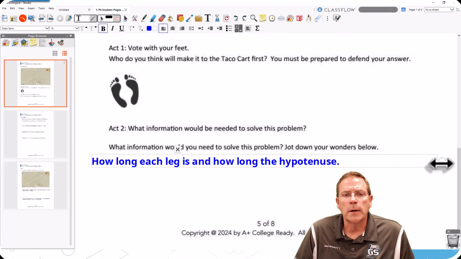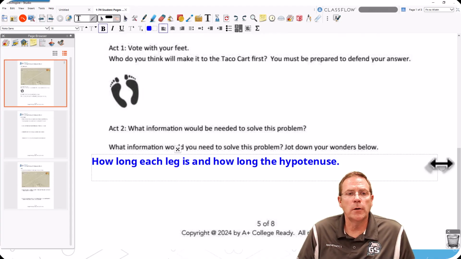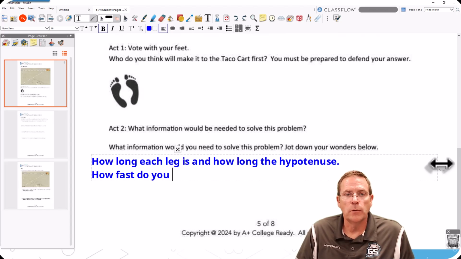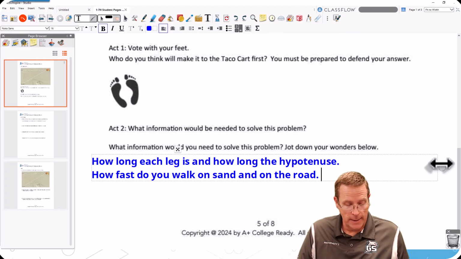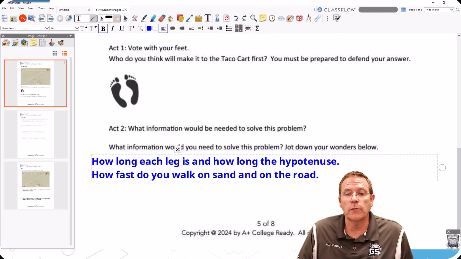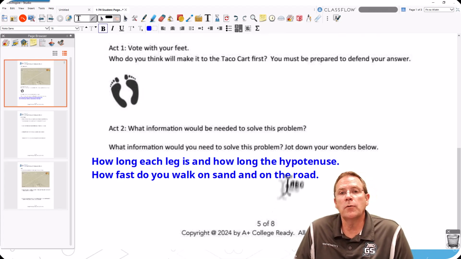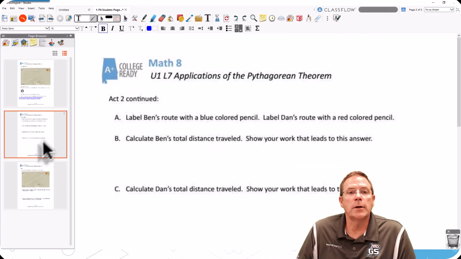What else are we going to need to know? We're also going to need to know how fast you walk on sand and on the road. Because if you walk on the beach, you know it's hard walking on sand. It's a lot easier to walk on a solid surface. So those are the first two things that we're going to need to know.